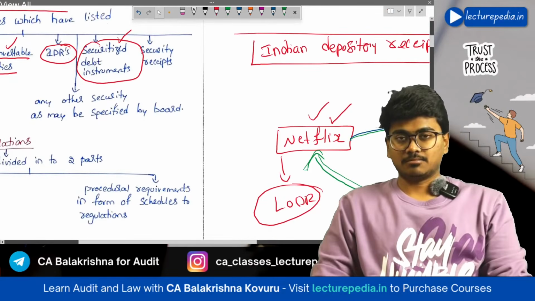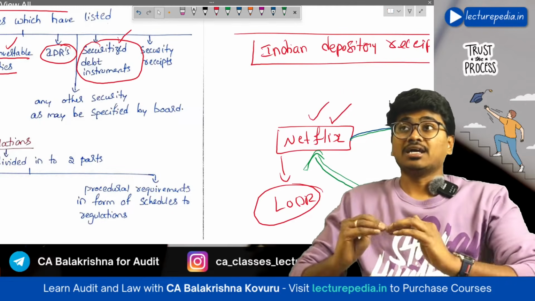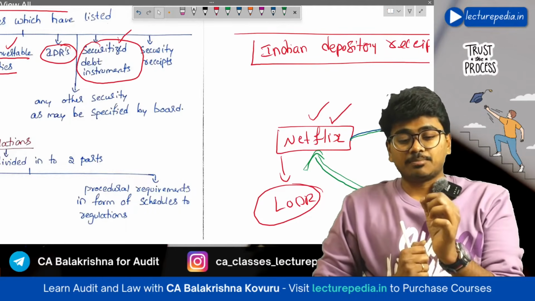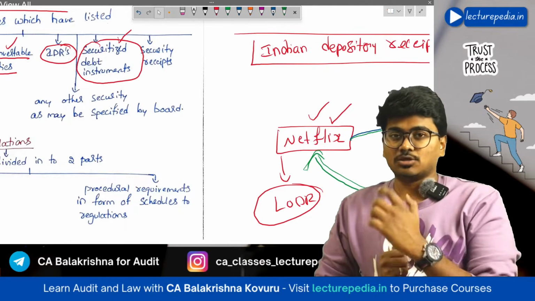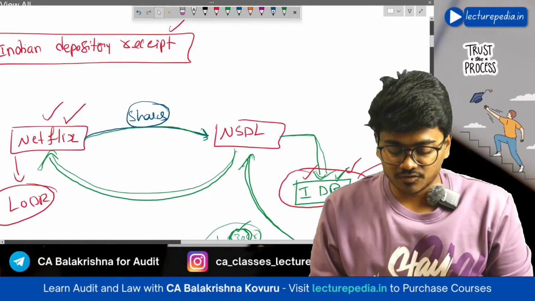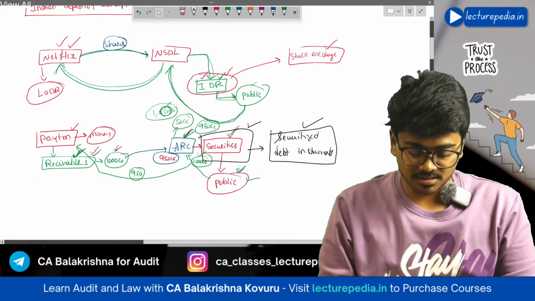Hope that is clear. So if those securitized debt instruments are listed on the stock market, then also that particular company which has listed securitized debt instruments must comply with LODR regulations. Here, why are we calling them securitized debt instruments?